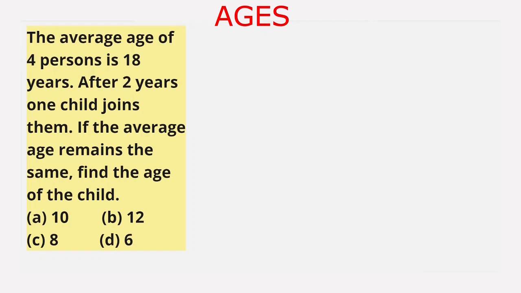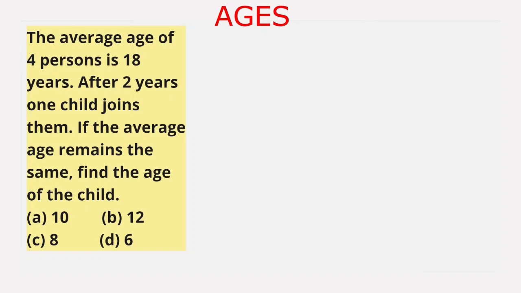Earlier, the age of 4 persons was 72. And after that child, the present age comes out to be 80. 80 minus 72 is 8 years. Thus, our answer is option C. This way we can solve this question without pen and paper and reach the answer very fast.